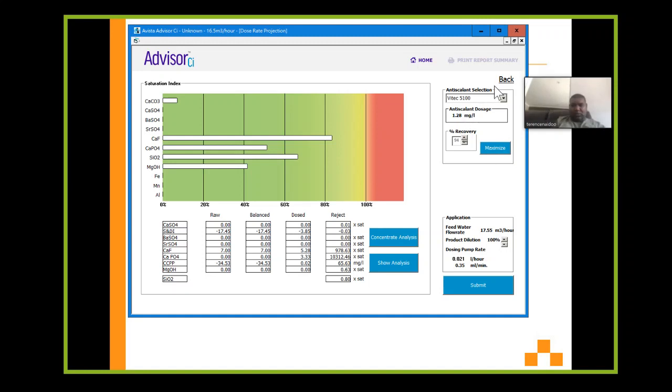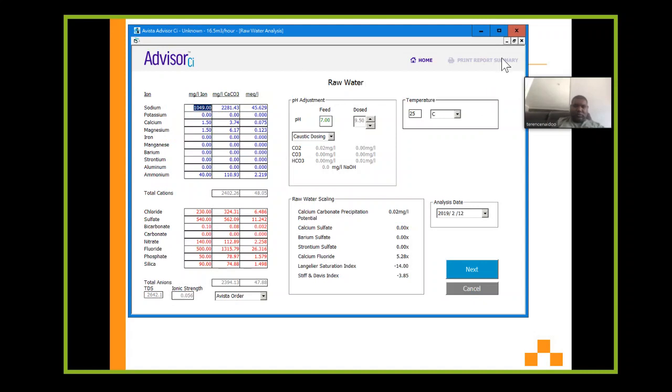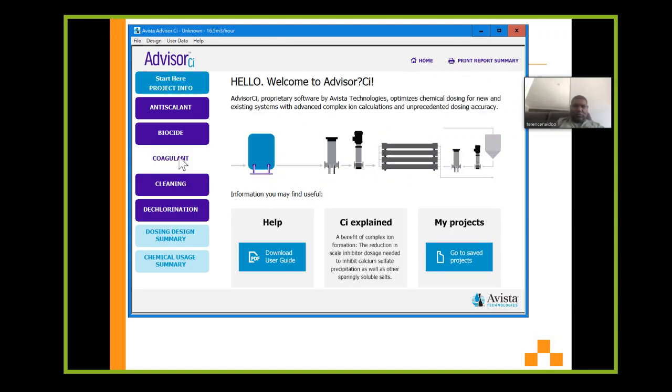Okay, so this is anti-scalant. Coagulation: for coagulation, we cannot find out the dosage rate, because it has to be tested on site. How to test? First of all, you have to measure, for example, the SDI level before feeding to the multimedia sand filter and after the multimedia sand filter. What is the SDI in and out?